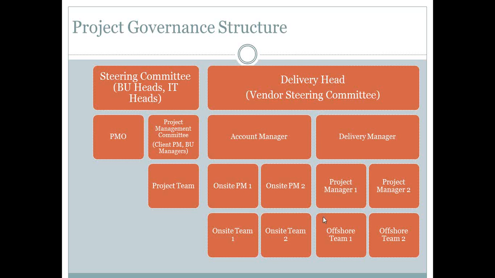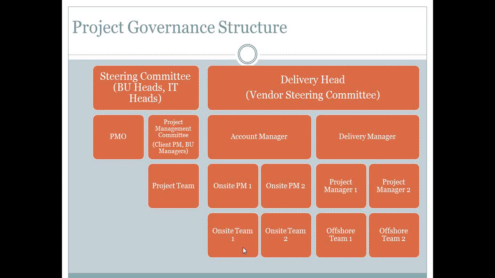If it's a lot of technology focus, maybe he would be an offshore project manager, and if the requirements are critical, he might be an on-site project manager, right? So depending on that, the project managers would be there, and they would interact with each other.